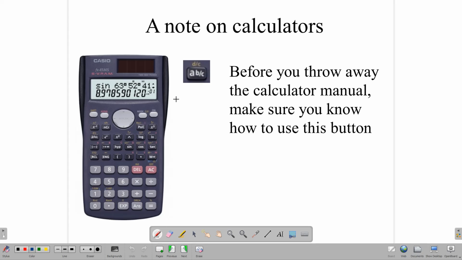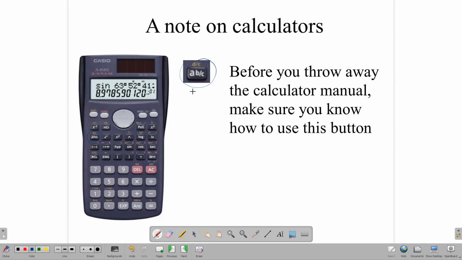What I understand with most students is that when they get a calculator, they simply throw away the manual and just proceed to using the calculator. And because of that, many of them do not learn how to use this very, very important button here, the fraction button. The fraction button is that button that allows you to write fractions and thereby use your calculator to perform operations on fractions.